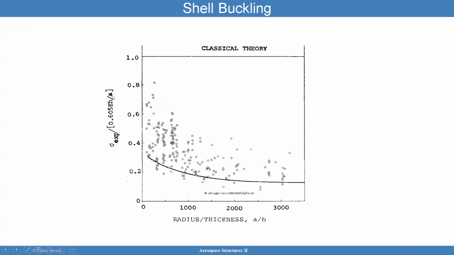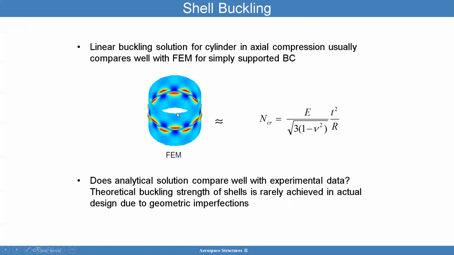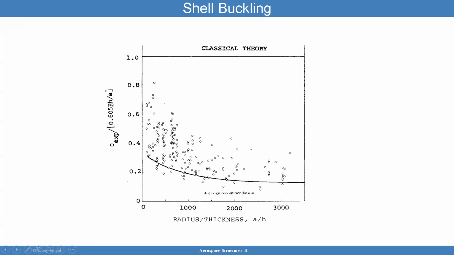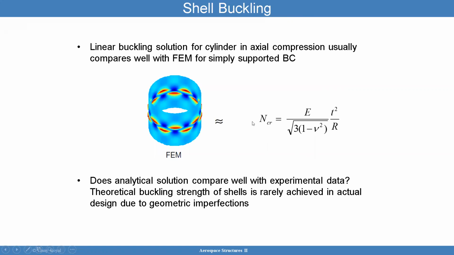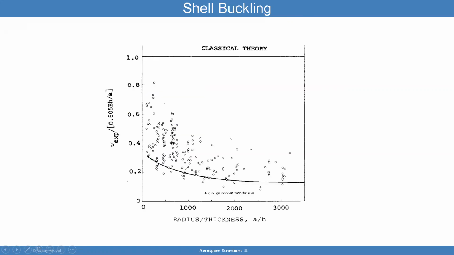A is the radius, H is the thickness, E is the modulus, and what's shown here is the buckling stress measured experimentally divided by the analytical solution, which is this one. And the reason you don't see t squared is because there's a single H there, because this is a line load. So line load divided by t gives you exactly the buckling stress, the analytical solution.